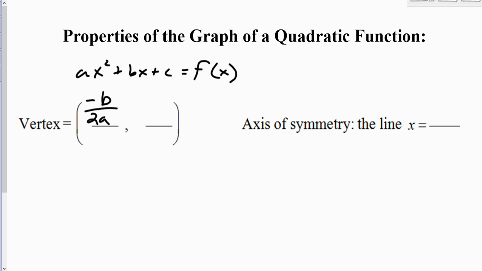Then, to find your y value, you just plug it into your function, and then you have your x and y. The line of symmetry always goes through your vertex, and it's a vertical line, so your line of symmetry is always x equals negative b over 2a. That will help in some problem solving and finding our vertex.